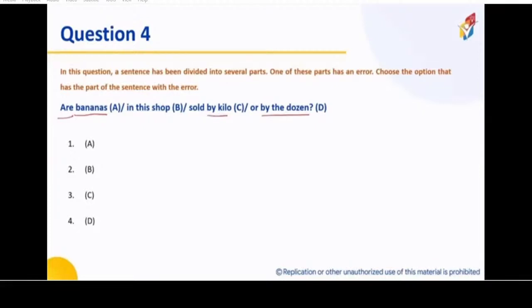When you use by to indicate the measurement, it always takes the, by the kilo or by the dozen. This is a slightly old-fashioned usage, but it is still considered very formal. So you should use by the kilo. You can say by the dozen, you can say by the gram, you can say by any unit for that matter.